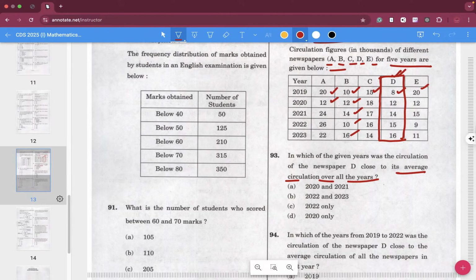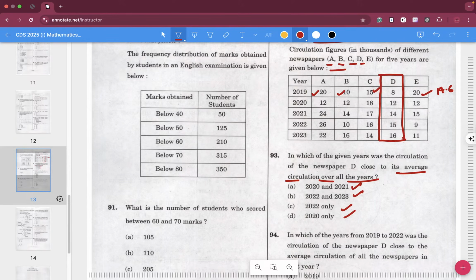Now the options they have given are in terms of years, so we have to find out the year-wise average. For the year 2019, what was the average circulation of the newspapers? 1, 2, 3, 4, 5 newspapers: you have 20 plus 10 is 30, 30 plus 20 is 50, 50 plus 15 is 65, 73, and 73 by 5 is 14.6.